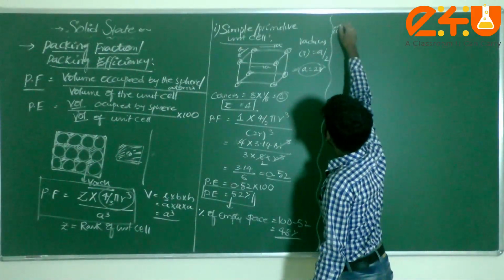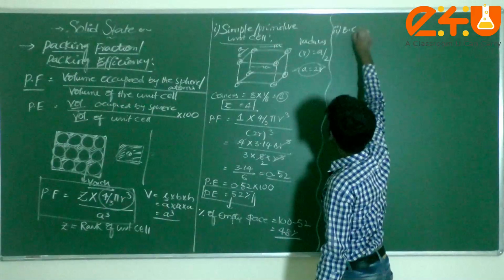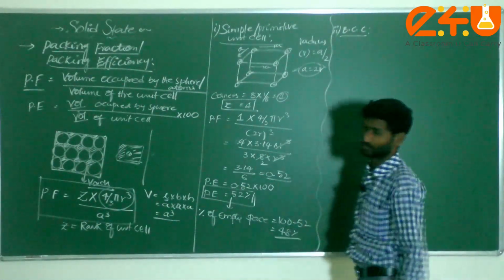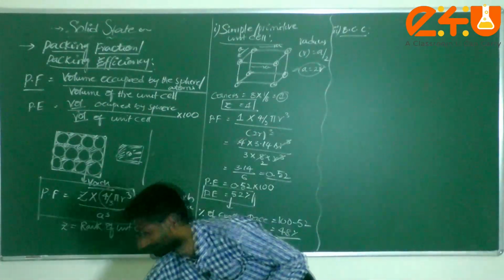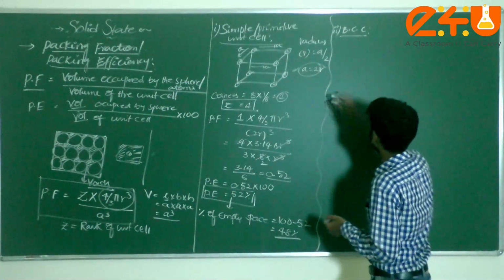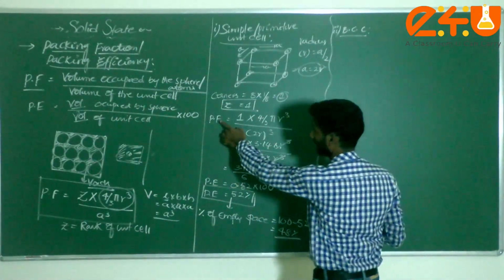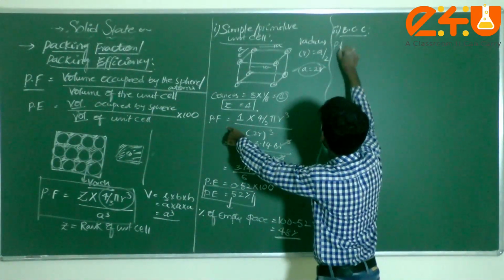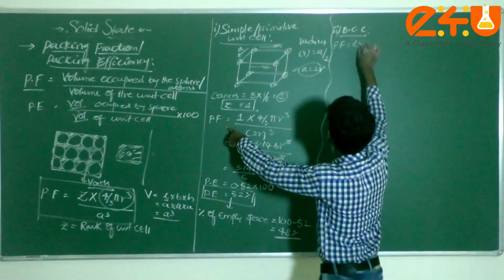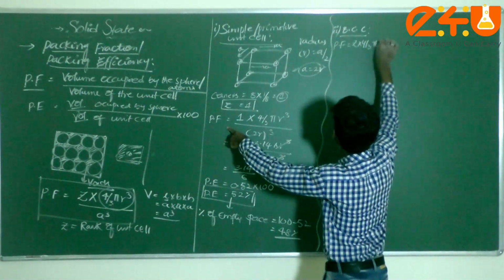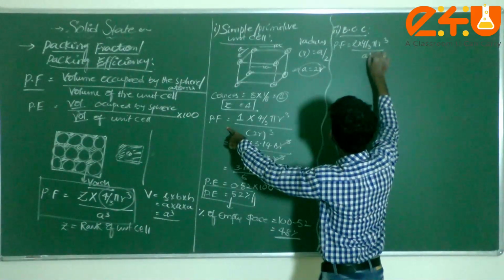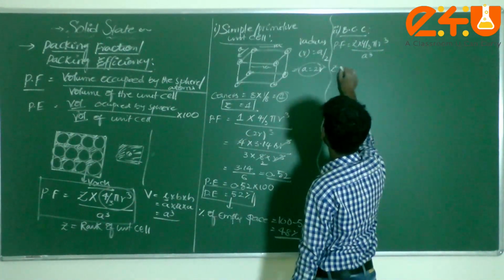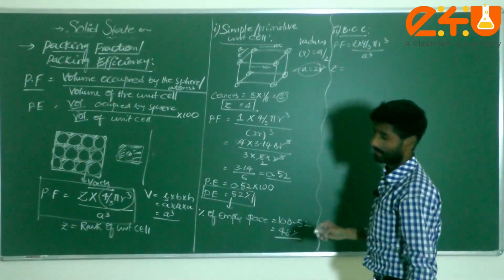Next one, if we consider the body center, BCC. What is it, dear student? Body center. If you take the body center, same, I can write directly, what is the packing fraction is equal to Z into 4/3 pi r cube divided by a cube. Now you can consider the Z value, dear student, for the BCC, how much?